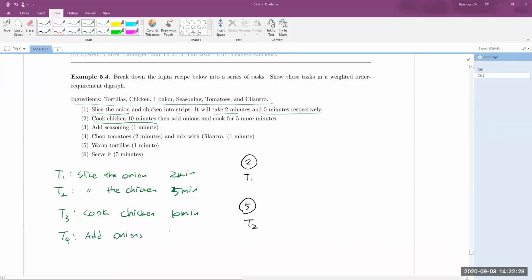Maybe just assume that adding onion takes 1 minute. And the fifth is cook more, 5 minutes. Then here, T3 is cook chicken, which takes 10 minutes.